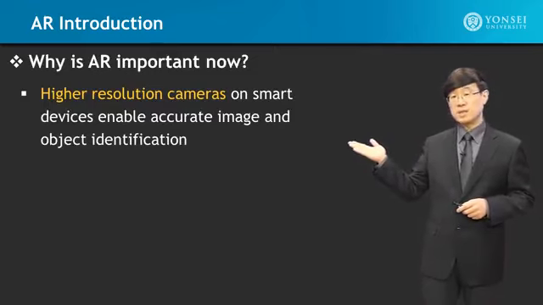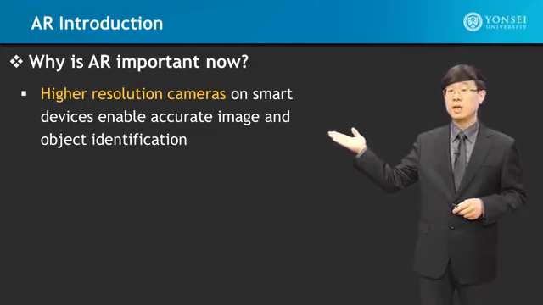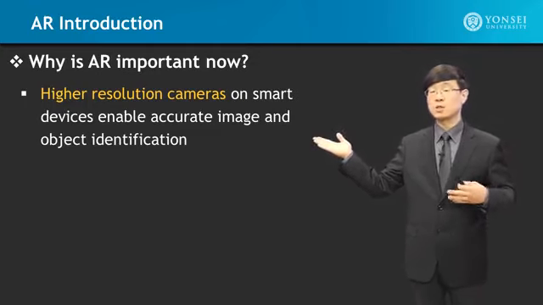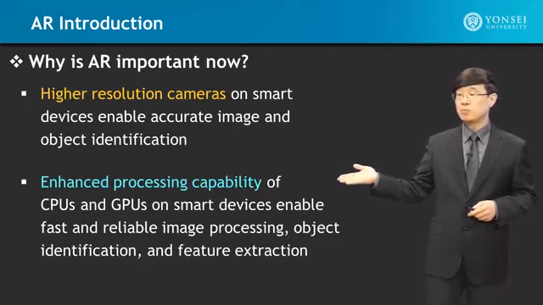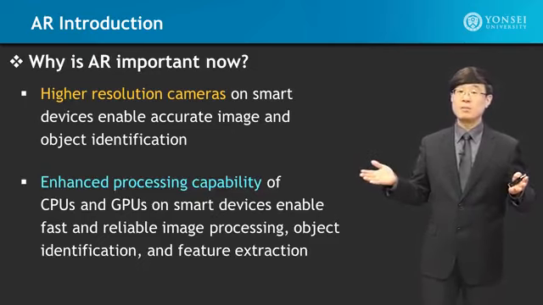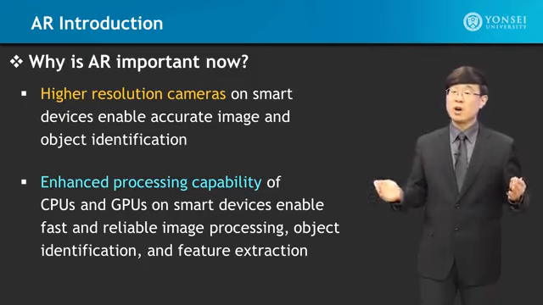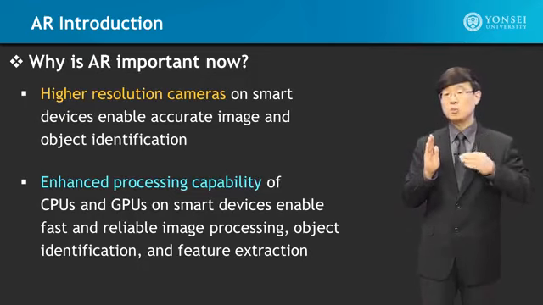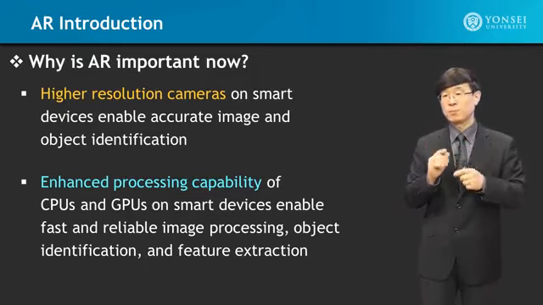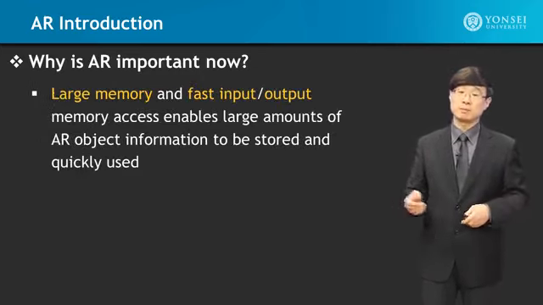Looking into some of the reasons: higher resolution cameras on smart devices, including head-mounted displays, smartphones, as well as glasses, can enable accurate image and object identification. In addition, enhanced processing capability with the development of very powerful CPUs and GPUs and various other software techniques enables the captured image to be processed very quickly, which is one of the other reasons augmented reality is useful now.